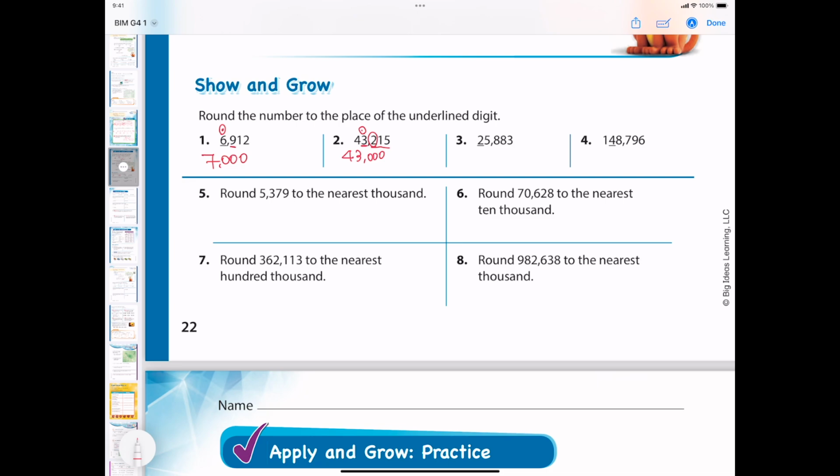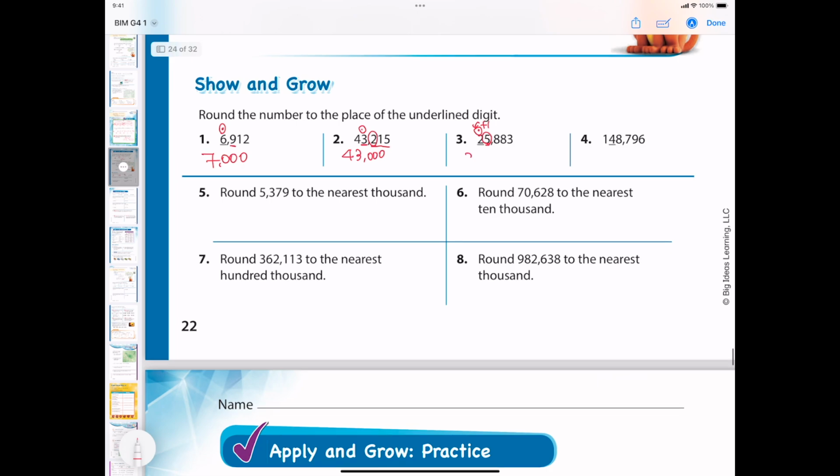Now 25,883. This 5 is the matter number, which is 5 and up. Yes, add 1 more to the target number. So this 25,883 is close to 30,000, not 20,000. Make sense?